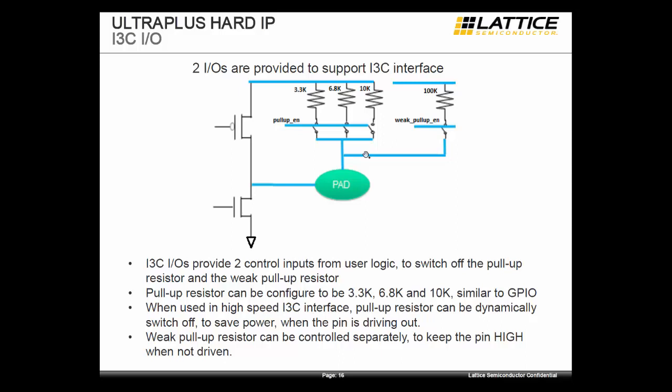And each one of these pull-up resistors can be controlled separately, and they can keep the pin high when not driven. There is also a 100K ohm weak pull-up if the functionality of I3C is not required for every IO pin. And that can also be turned on or turned off at will.